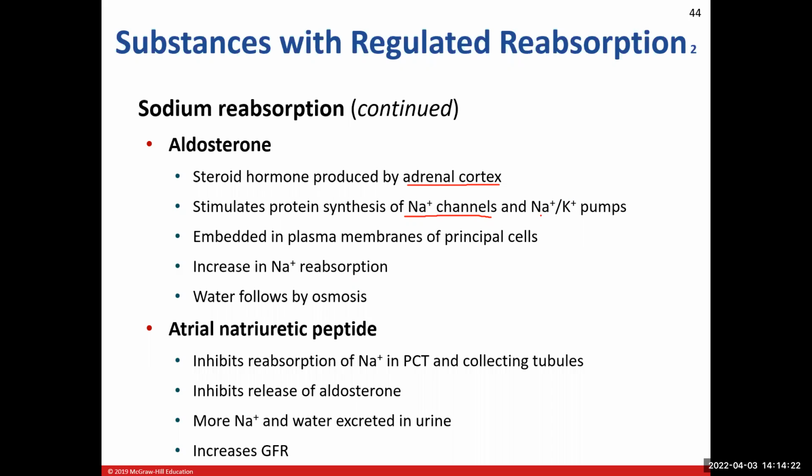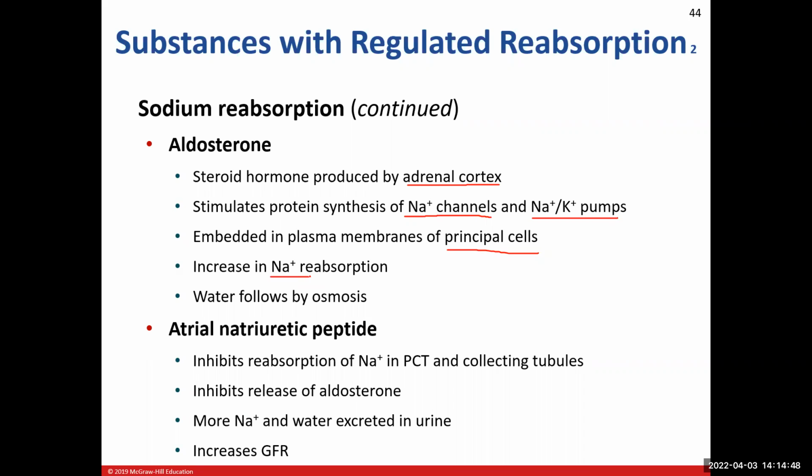And then it also helps to make sodium potassium ion pumps. So where do we find these pumps and channels that we speak of for aldosterone? Well, in our principal cells, at the distal end of our nephron tubule construct. Their job is to increase sodium reabsorption.